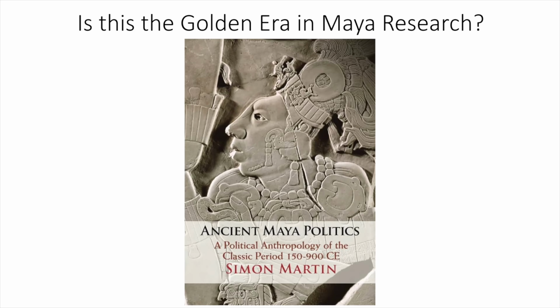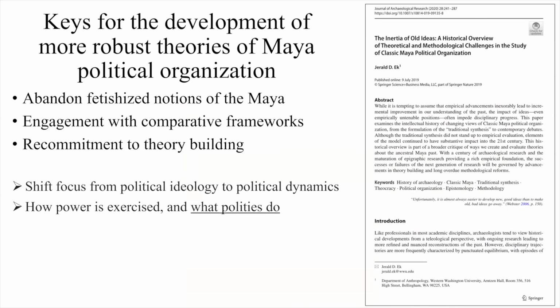It has so much information, and when I was reading it, it dawned on me that we are moving into a new era. The things that Simon was talking about in this book are historical synthesis with a really high degree of empirical precision.